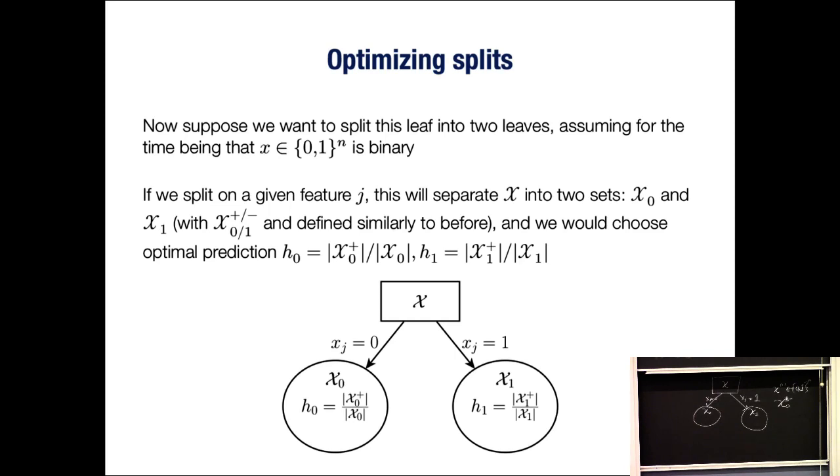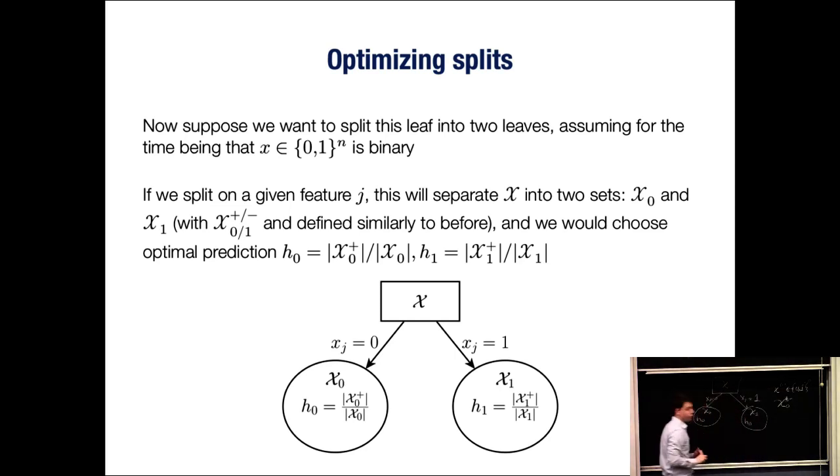In that case, we are going to have two new hypotheses that encompass these new regions of the space. For this region, we come up with a new hypothesis h0 to classify all those examples, and for this region, h1.